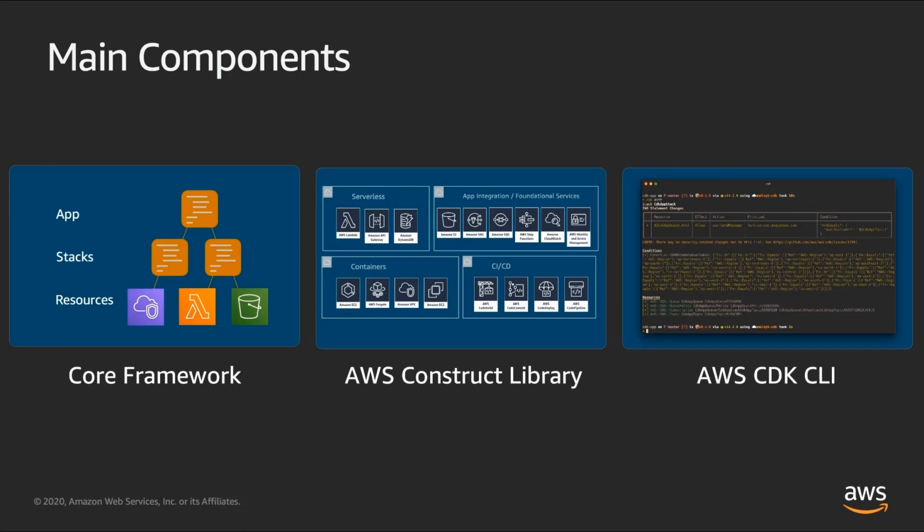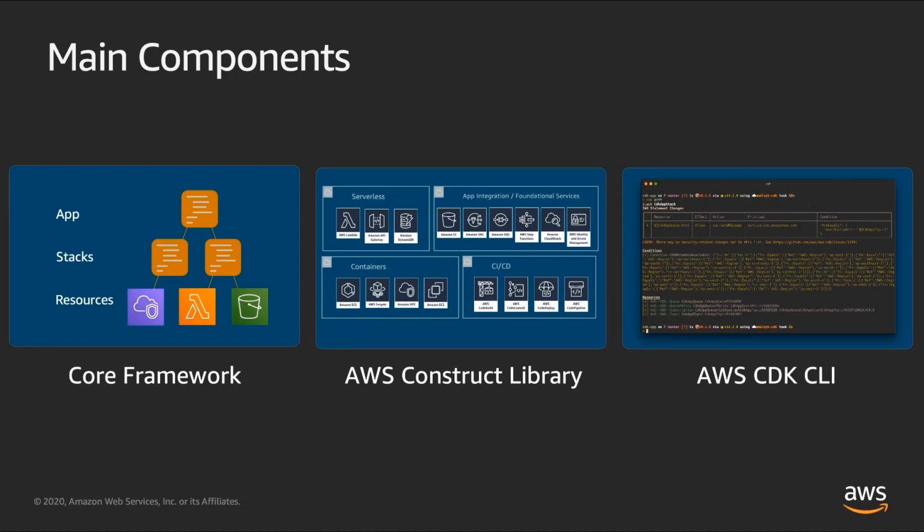And these are all available as packages and modules in the languages that we support. So if you were using S3 to create a brand new bucket inside of your application, the AWS Construct Library would represent S3 as a package that you would install with a package manager like pip.